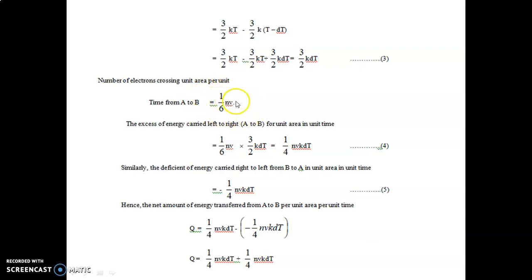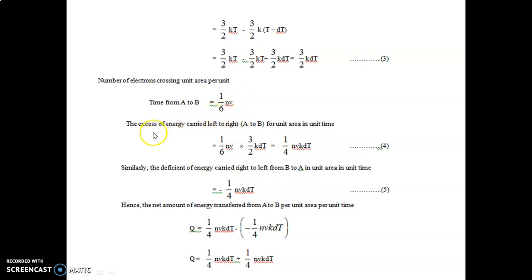That is, there are 6 coordinates, 3 position coordinates and 3 momentum coordinates. Here movement of electron is allowed only in one direction. By using that concept, this expression is derived, that is n v divided by 6. You can directly write this expression: the total number of electrons crossing unit area for unit time from A to B is nv by 6. Here you need not derive this equation.